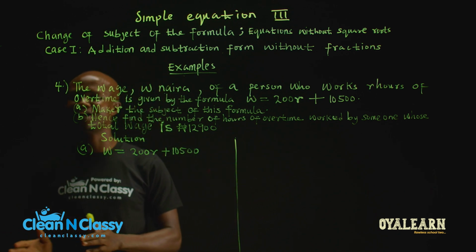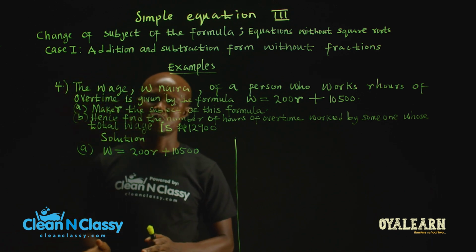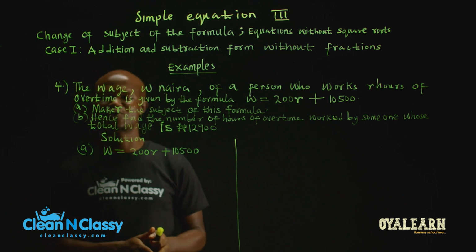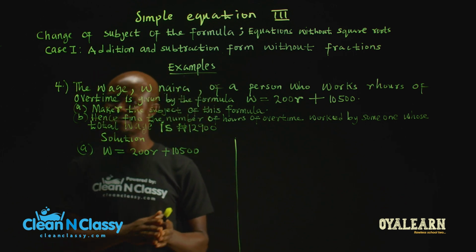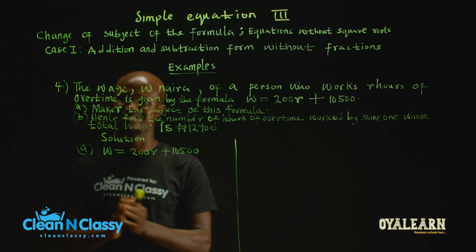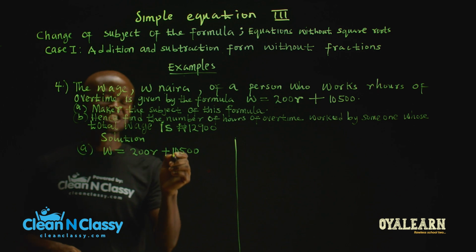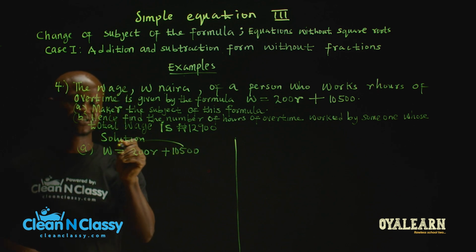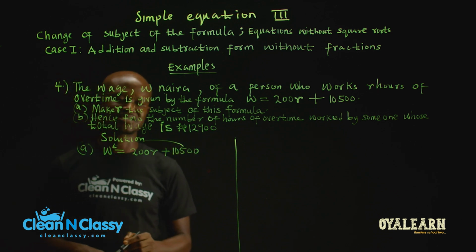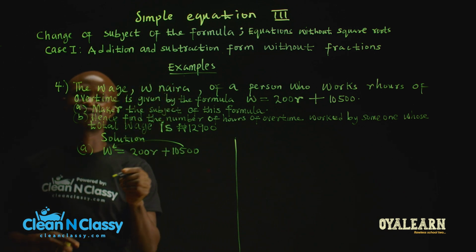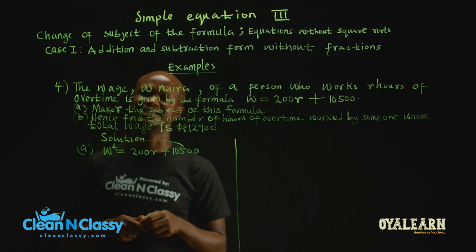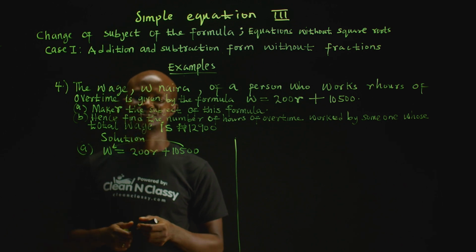So any other term must be moved from one side to another side, just to create a balance. So in that case, let's move 10,500 to the left-hand side so that 200R will remain at the right-hand side.